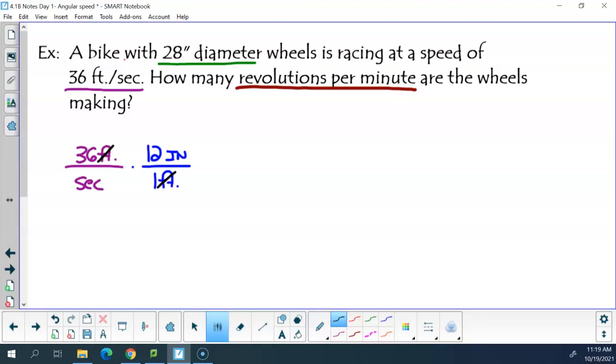I couldn't use my diameter until I got it into inches. So that means 14 inches is 1 radius, which is also 1 radian. So now I'm in radians per second.